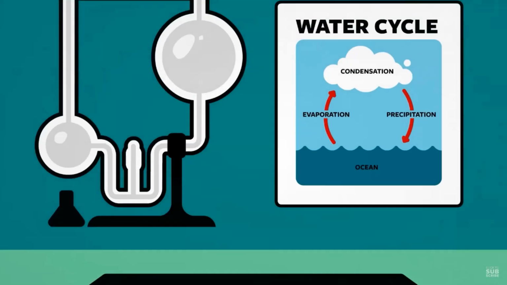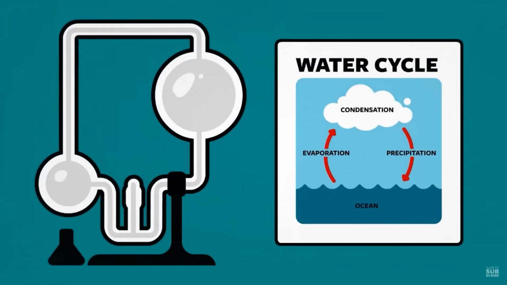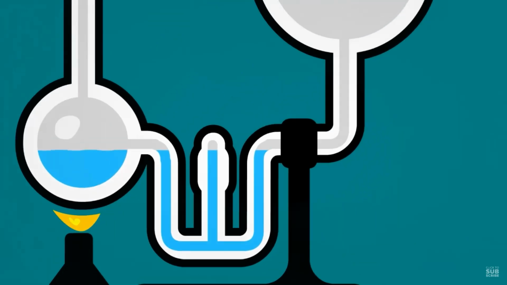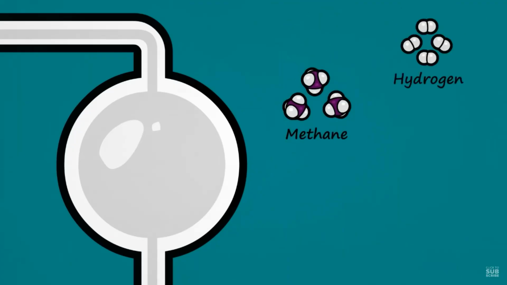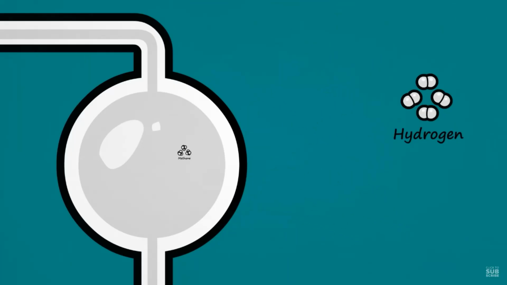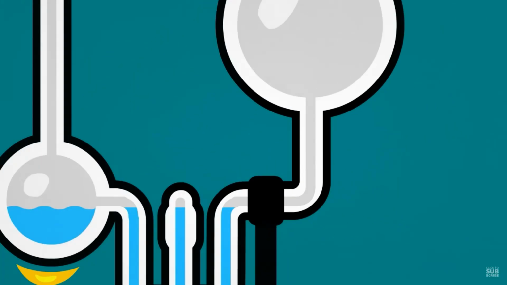Working with his professor, Harold Urey, Miller designed an apparatus to simulate the ancient water cycle. Together they put in water to model the ancient ocean. It was gently boiled to mimic evaporation. Along with water vapor, for gases of the atmosphere they chose methane, hydrogen, and ammonia. These are simple gases which scientists at the time thought were probably abundant on the ancient Earth.